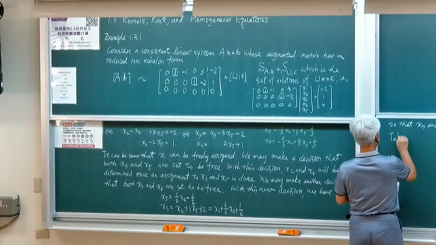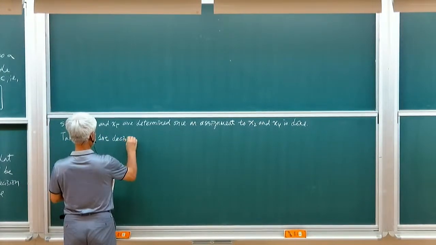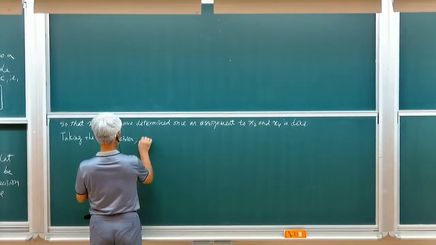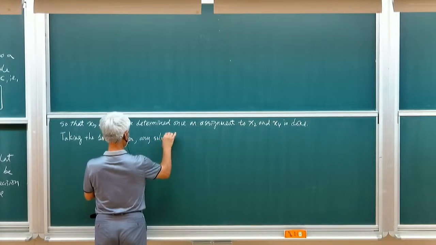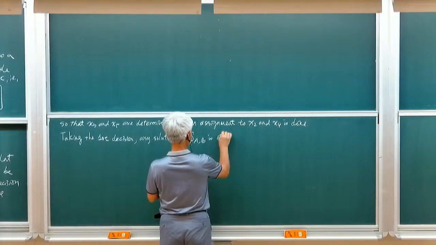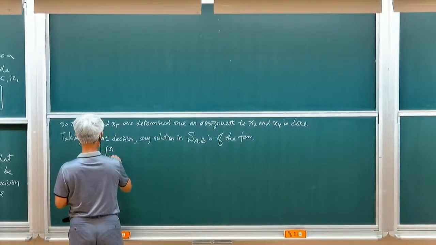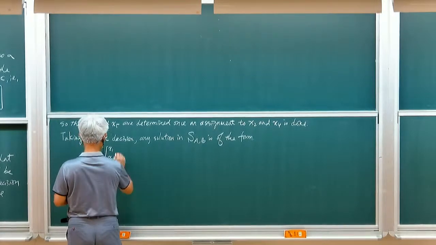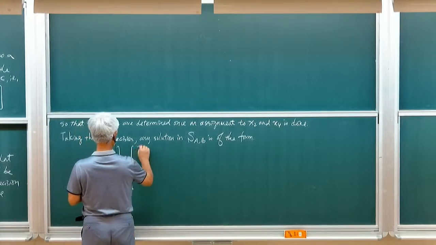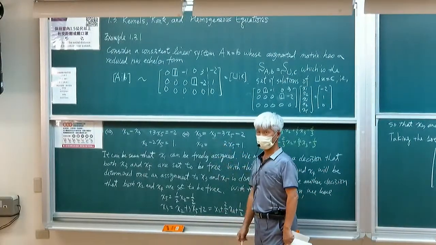Okay, now taking the first decision. Any solution in SAB is of the form, all right, so x1 can be freely assigned, okay, because the system of linear equations does not involve x1.